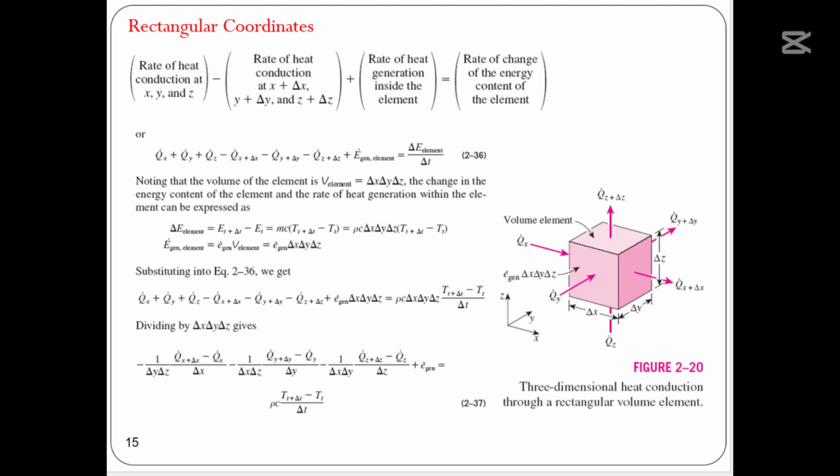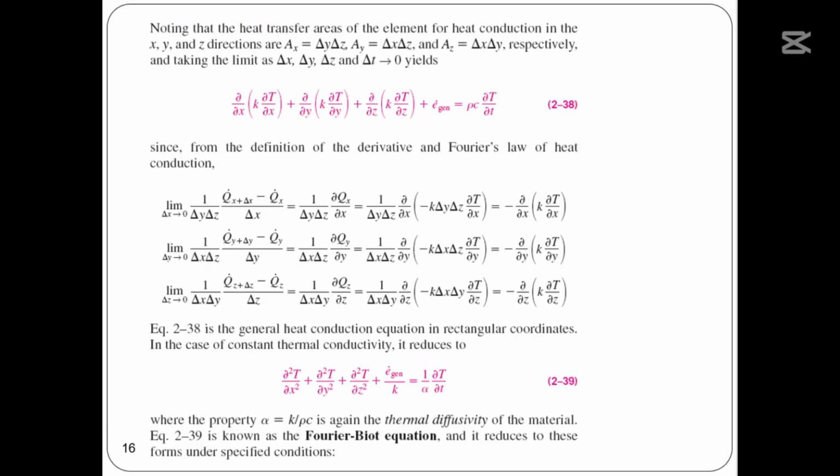In the previous equation, we had only one dimension, that was the x direction. So if we apply the heat balance for the next two dimensions, that is y and z, those two terms would be included in the heat conduction equation if we consider it in three dimensions. So that equation would be like this one.